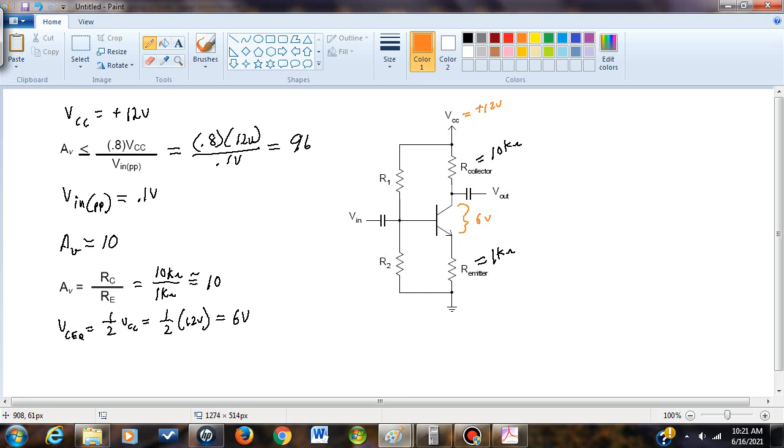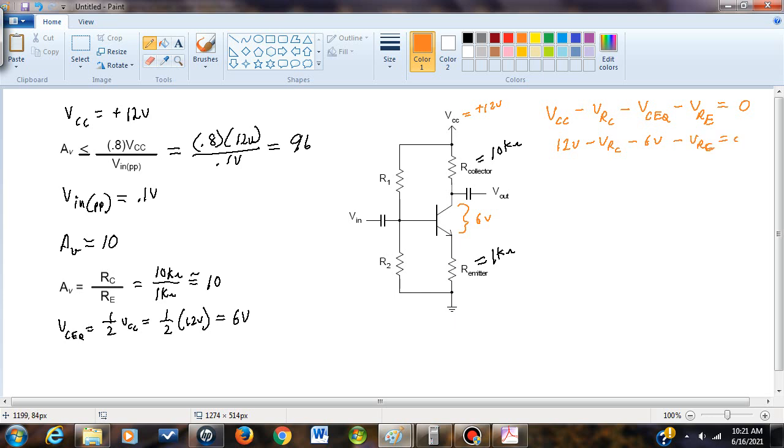If we were to write this down as an equation, we could say that VCC minus VRC minus VCEQ minus VRE is equal to 0. So that would be 12 volts. Now we have not solved for VRC. We have solved for VCEQ, which is 6 volts. And we have not solved for VRE.